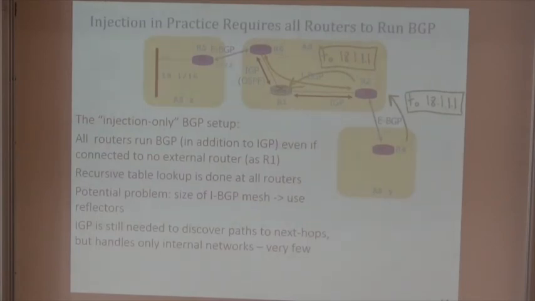So, one way to do it, we have seen, is called source routing. We can put a source routing header to this packet. When it comes here, I can say 2.18.1.1, and when this BGP router sees, oh, it's going to a next hop that is not on link, then it can add source routing information 222, which means that when the router R1 receives this packet, it sees there is a destination, oh, but there is source routing information.